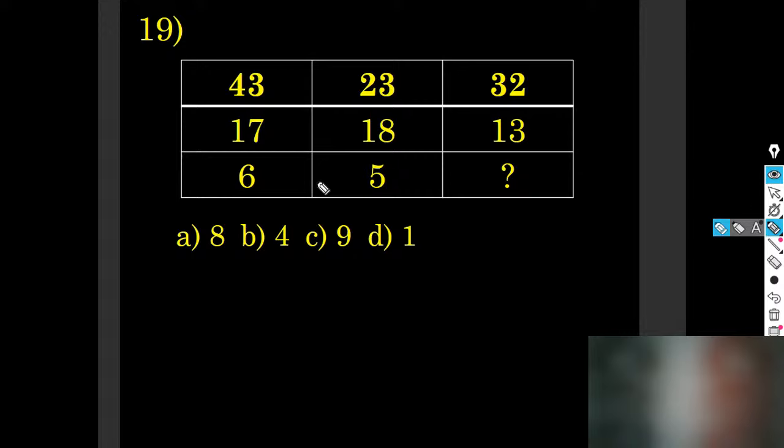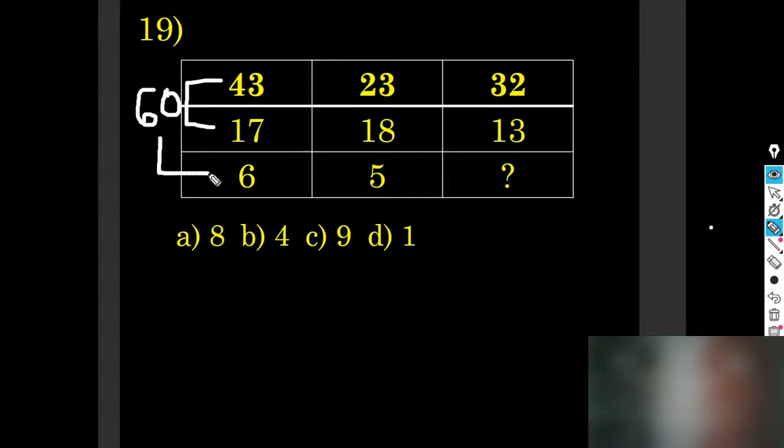Why option C, 9? Okay, so add these two. 43 plus 17 gives us 60.